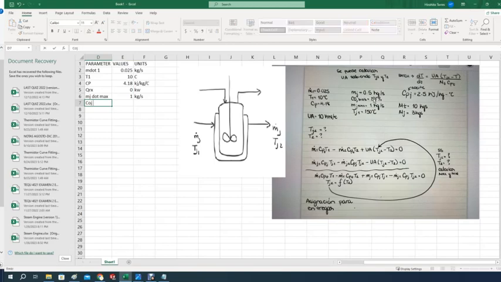I can call it bias, because that's the value it will be set to, and that's 50%. Now the actual flow, MJ dot, will be this value times the setting of the valve, which I can take from here. That's E7 divided by 100, and that's obviously the value that you see here.